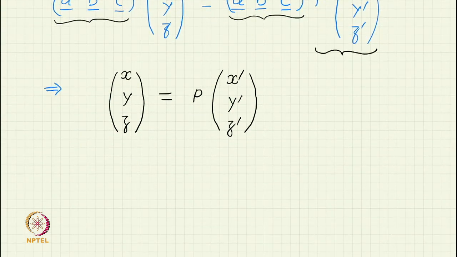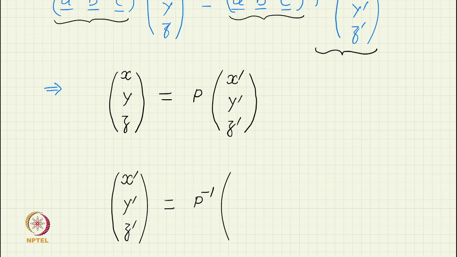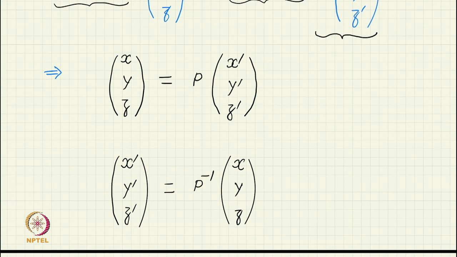So, if that is the case, we simply invert this relation, so the new components can be written in terms of old as P inverse of x, y, z. So, we have established the relationship that if P was the matrix which was relating the two bases, then P inverse is the matrix which will relate the two components.